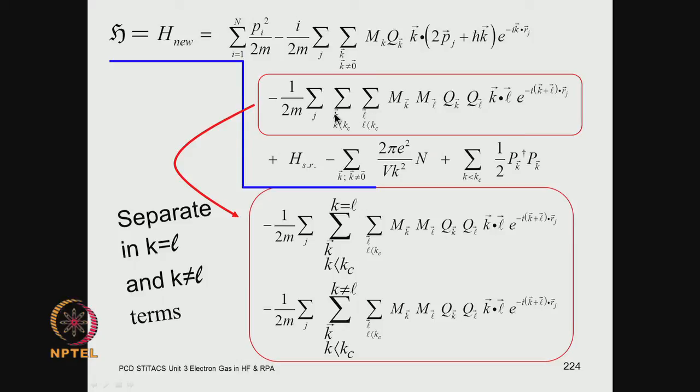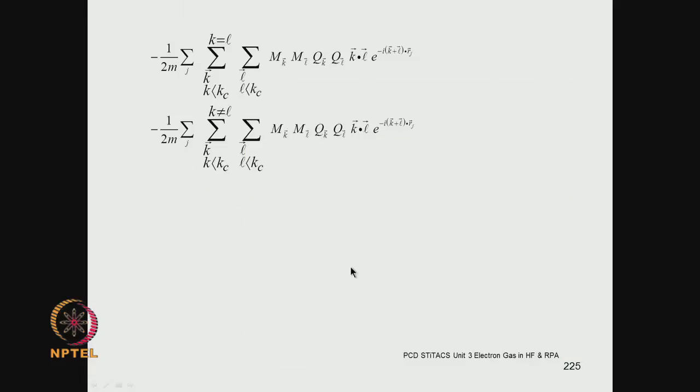This is a summation over k and summation over L. We will separate it, one for L equal to k and the other when L is not equal to k. So, we will deal with this term separately. These are the two pieces, one corresponding to L equal to k and the other corresponding to L not equal to k.